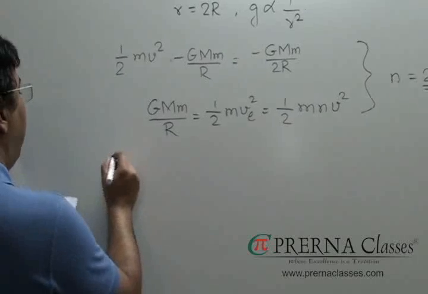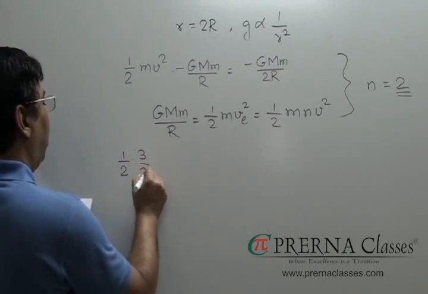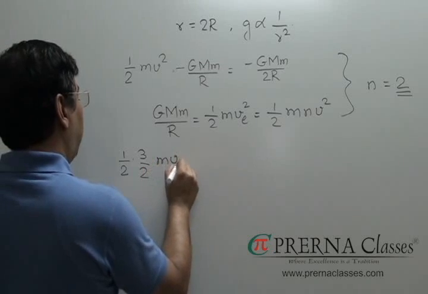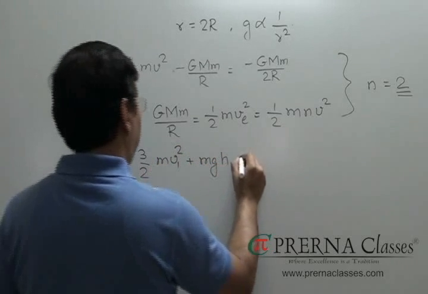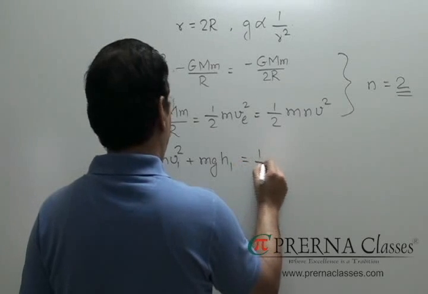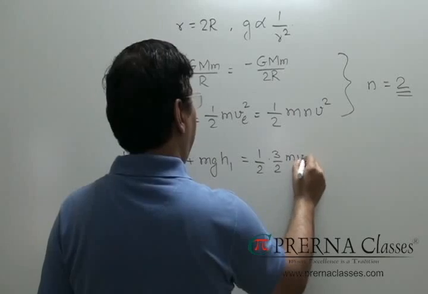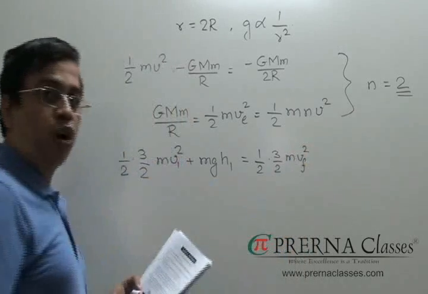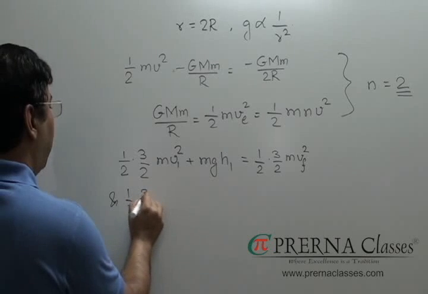Again, if I apply energy conservation, then the kind of equation I would have is this for the first body, and a similar equation for the second body would become this.